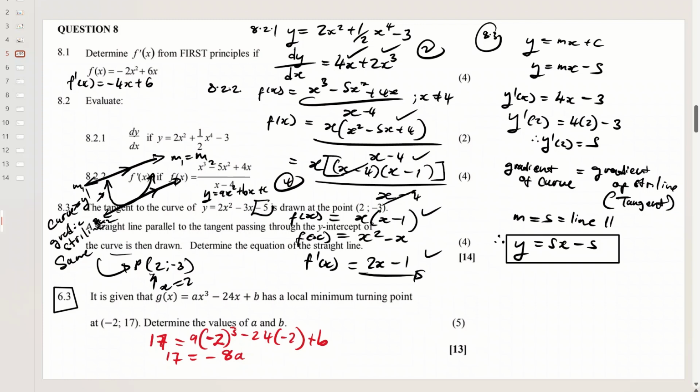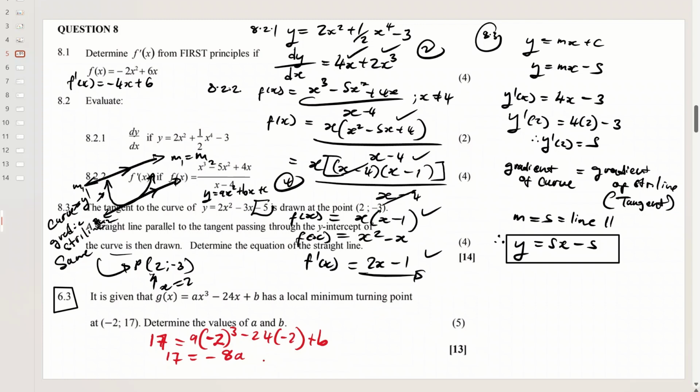Why negative 8? We know 3 is an odd number. So whatever you put here, if it is a negative number, your result is a negative, since it's an odd power. And 2 to the 3 is 8.